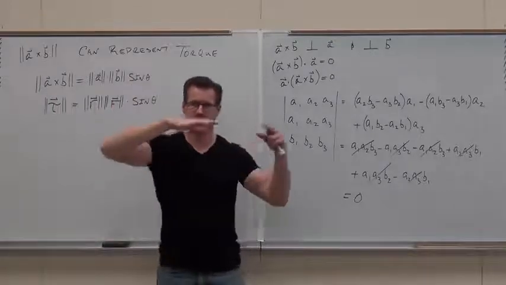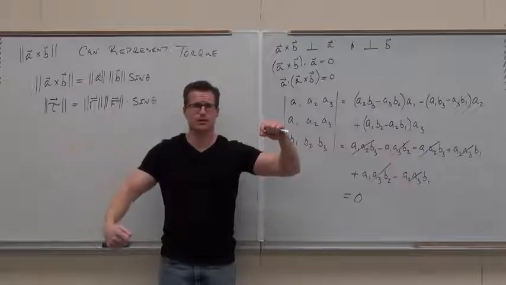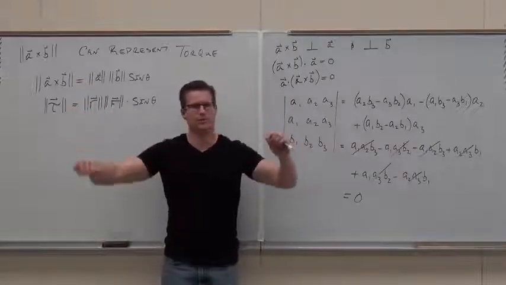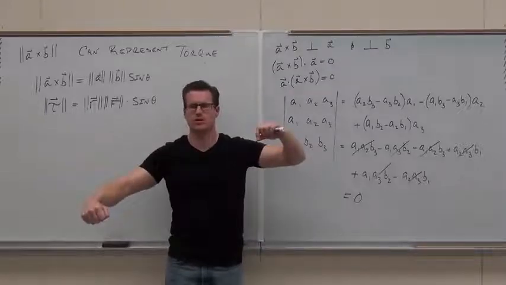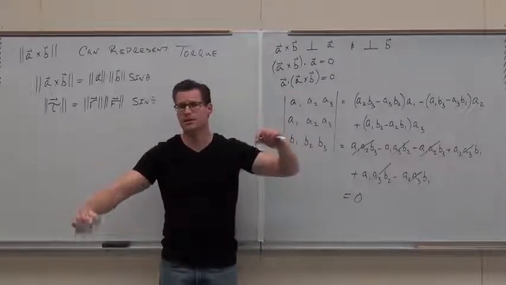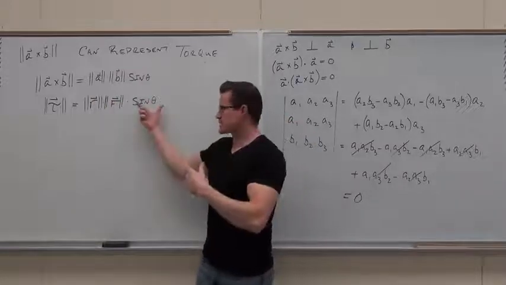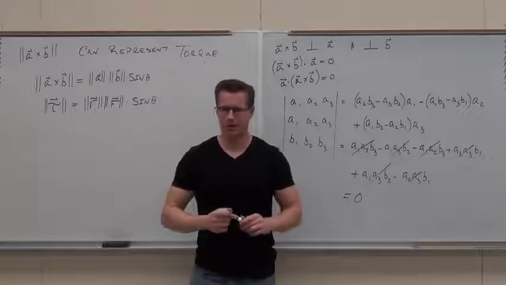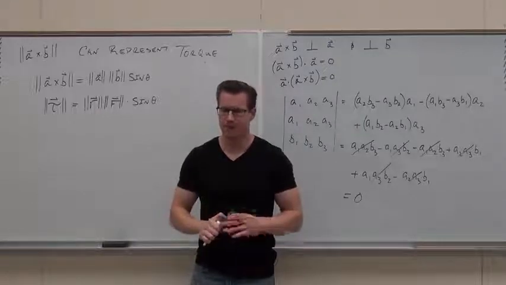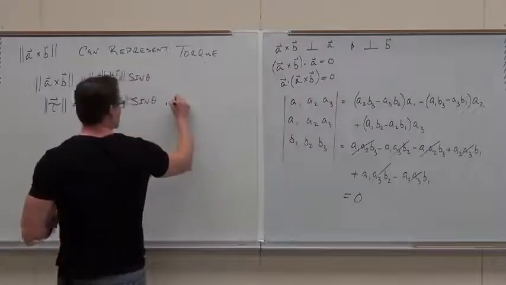So if I take my lever and I put my force at the end of the lever, I'm going to get some sort of angular motion around a bolt or something real that's turning. So how much we turn that is how much torque we're actually getting. So the sweeping out of that angle, sine of that, times these two magnitudes, that's the magnitude of our torque. It's actually really easy to find. R, we say that's our lever. F is our force if you want definitions.